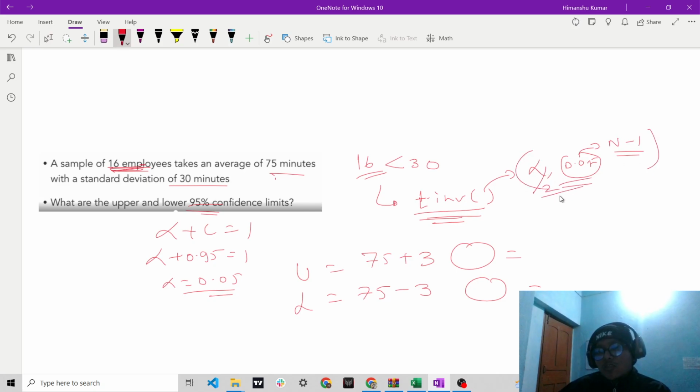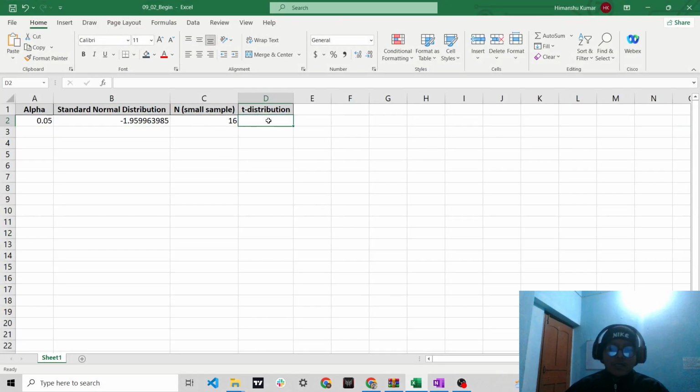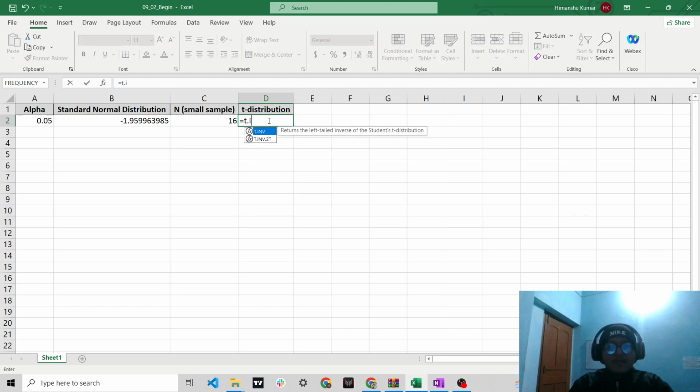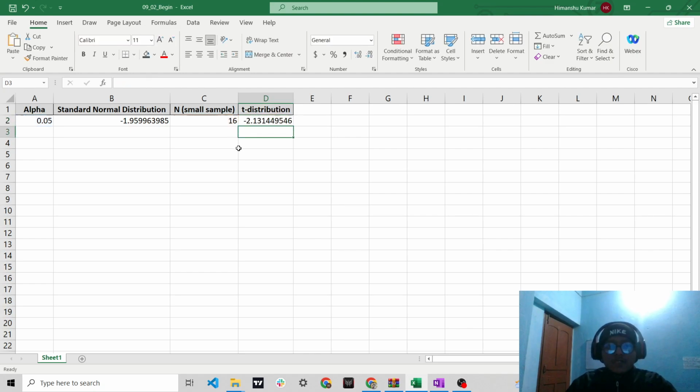So we'll try to calculate. We write equals t.inv, first the alpha divided by 2, then a comma, then the degrees of freedom, that is the number of samples, 16, minus 1. Close the parenthesis and enter.